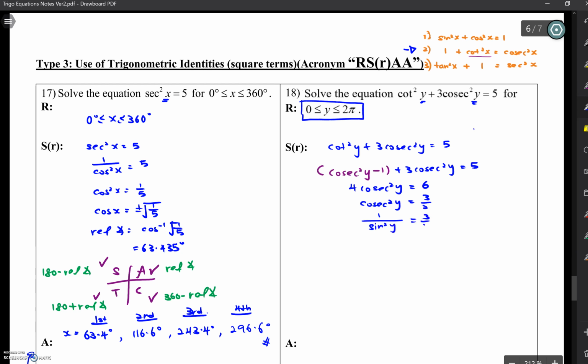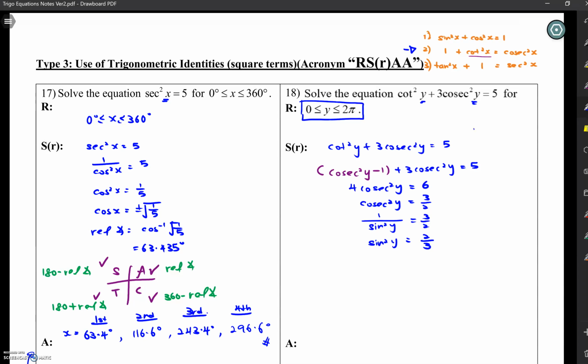Using what I told you previously, you just need to flip the fraction to get sine square y. Again, do I stop at sine square y? I don't want sine square y. I want sine y. So here, I will do a square root. And when I do that, do remember to put your plus minus sign.